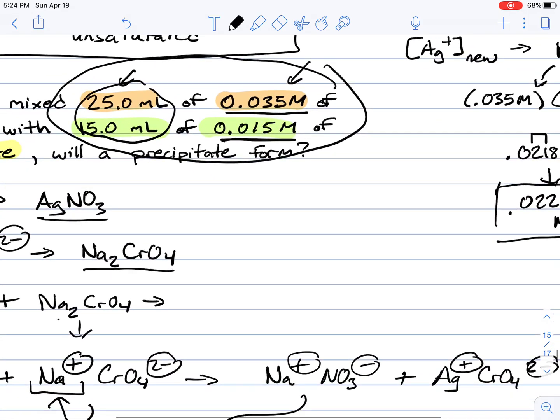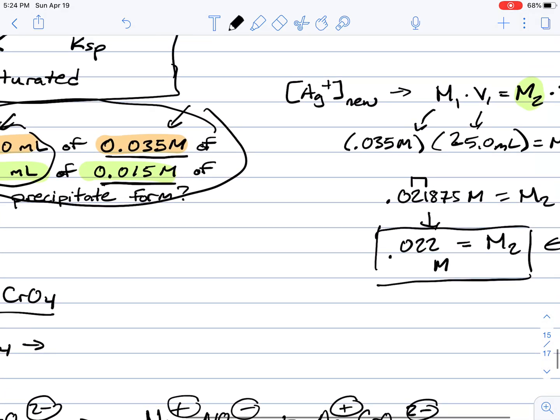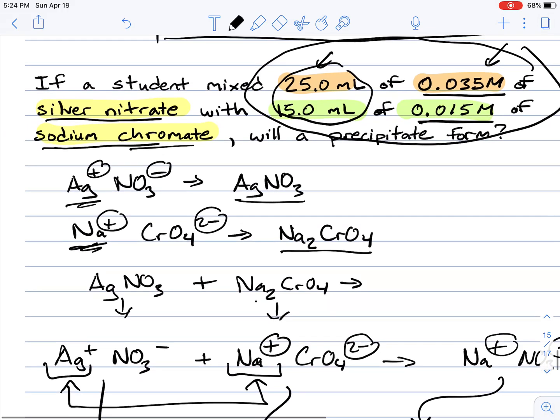And to figure out the new concentration of chromate, we're going to apply the same concept, the same formula.